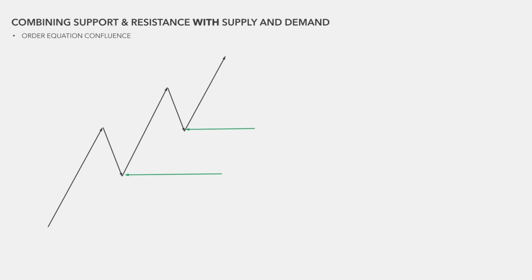And then what you want to do is, when prices come back down to this area, combine that with previous support and resistance. So remember, this was a failed supply zone, which traders would call resistance.